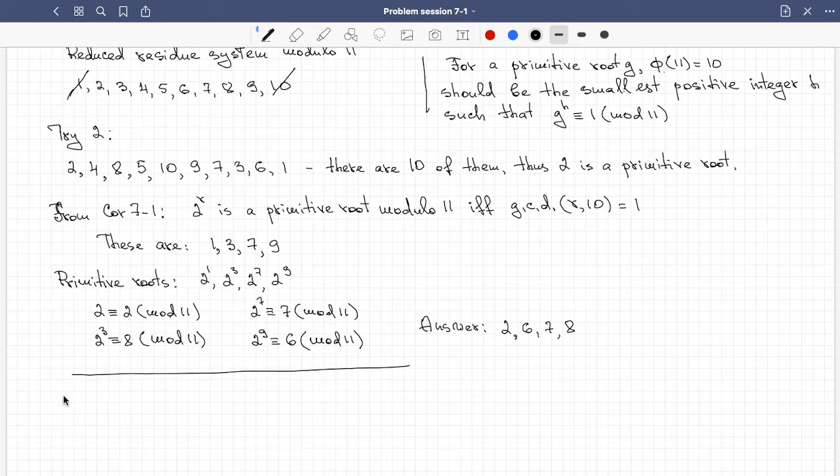Assume that we started with who is not a primitive root, 3, not with 2.